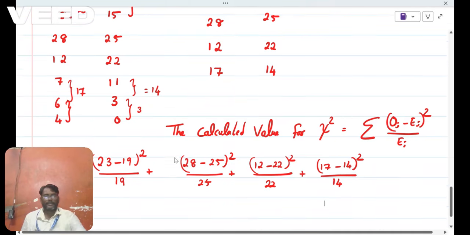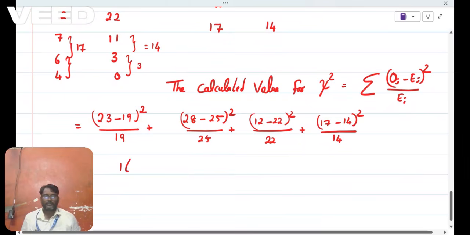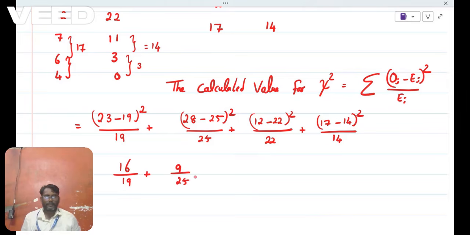So 23 minus 19 is 4, squared is 16, so 16 by 19, plus 28 minus 25 is 3, squared is 9 by 25, plus 12 minus 22 is 10, squared is 100 by 22, plus 17 minus 14 is 3, squared is 9 by 14.